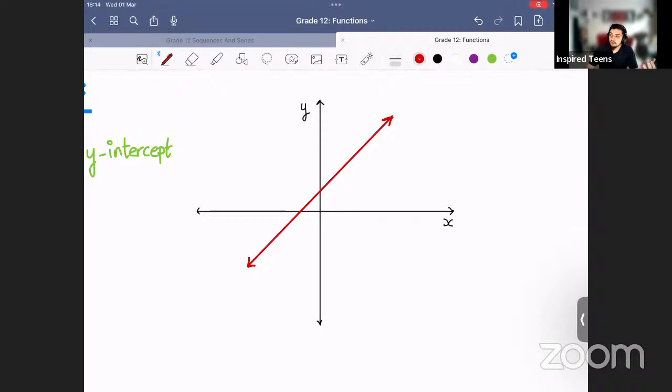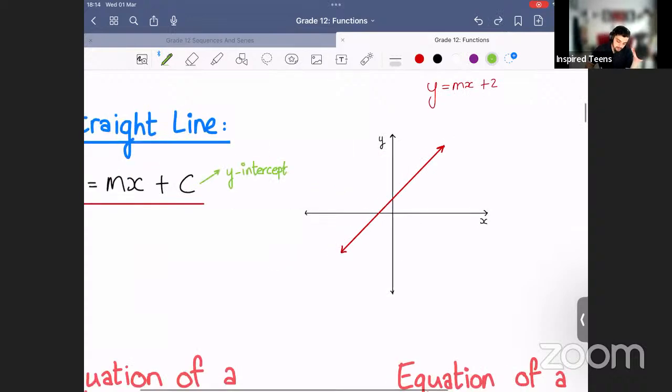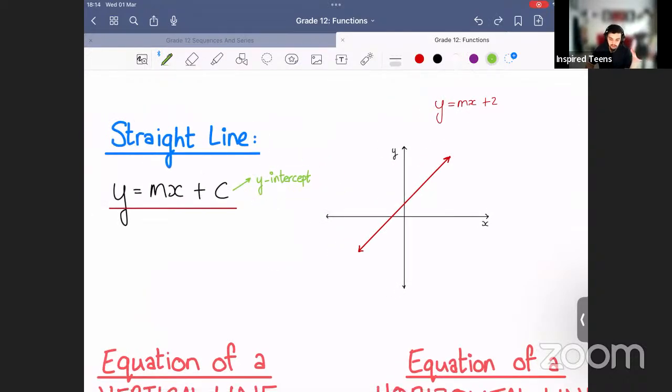The point of the graph that touches the x-axis is the x-intercept. It is where the graph intersects or intercepts with the x-axis, or alternatively, the y-axis. Okay, so that's what we mean when we say y-intercept.